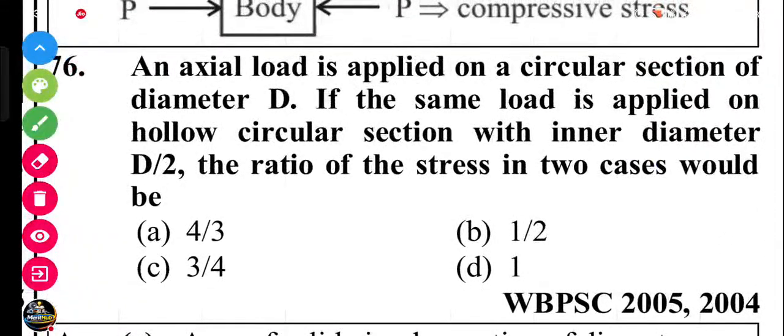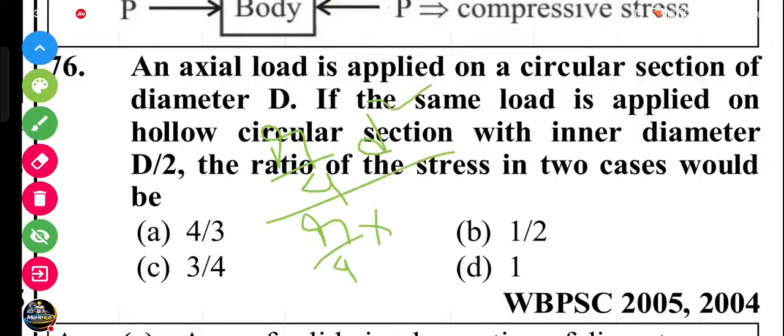The ratio of the stresses in two cases. Stress is force per unit area.